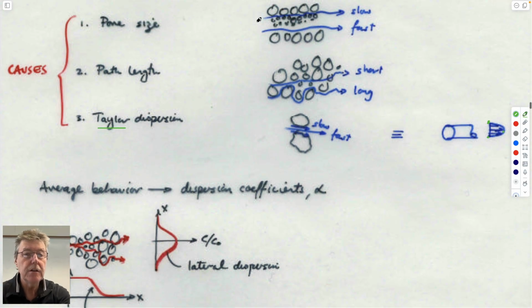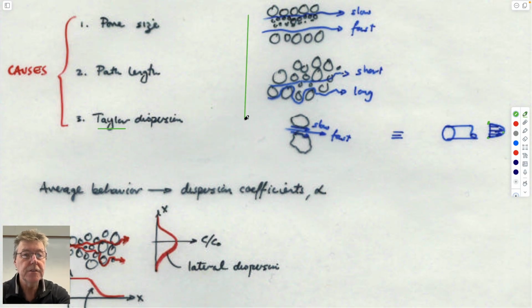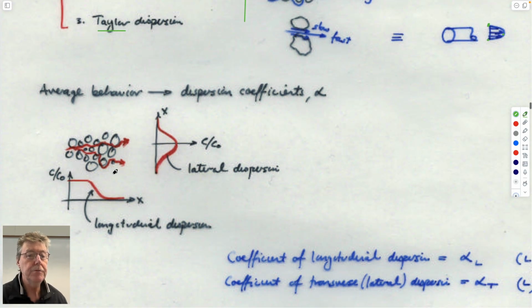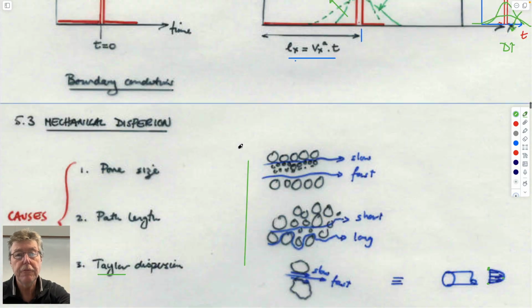As a result of all three of these mechanisms, if you look at the distribution of concentrations downstream, it would look like this. It would spread around a front given by this, and it would spread out laterally. So this would be due to longitudinal dispersion. This would be due to transverse dispersion. Did I call it that before?